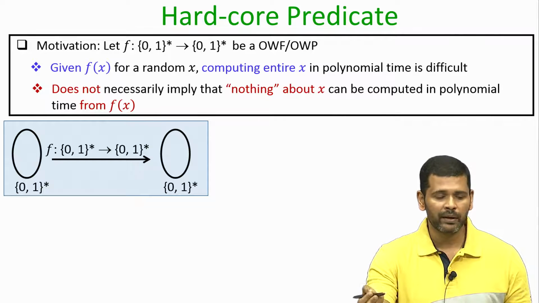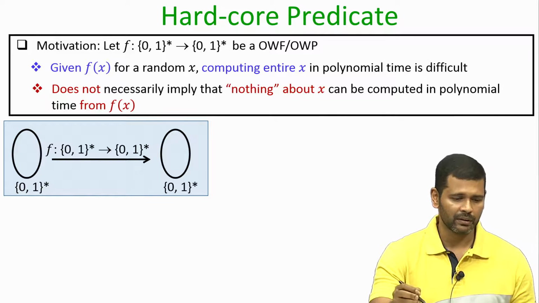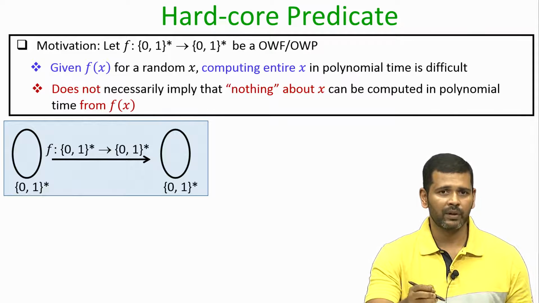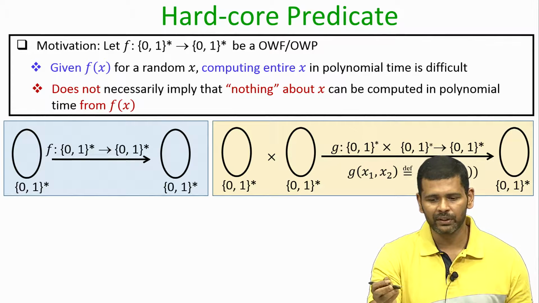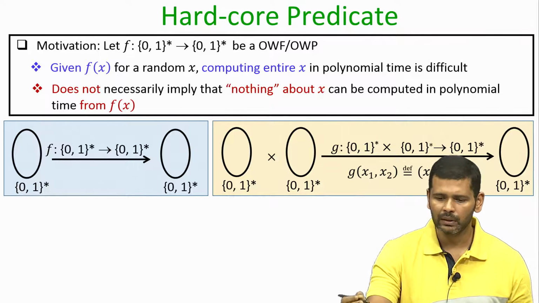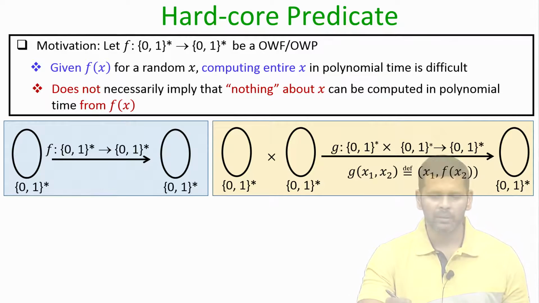To make my point more clear, consider this function f, and say this function f is a one-way function, and using this function I design another function g which is now a 2-input function. The function g on the input pair x1 comma x2 is defined so that the output consists of x1 as it is, and the second part of the output of this function g is actually the value of the function f on the second part of the input, namely x2.